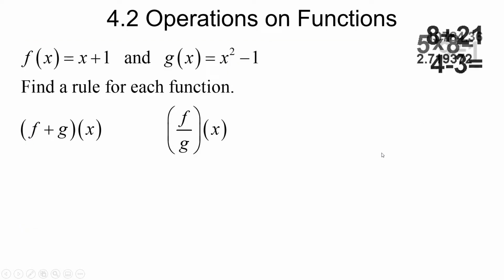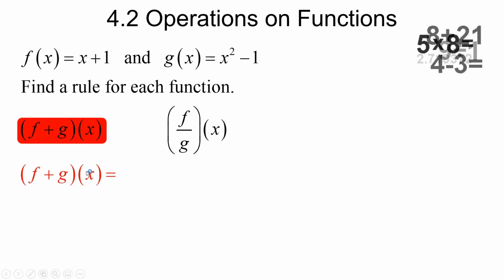Okay. So I'm going to give you a linear function and a quadratic function, and we're going to find a rule for each function, and then also if there are domain restrictions, we had better talk about them. So let's start with f plus g of x. Again, all I'm doing is adding these two functions together, and I'm going to put the sum in descending order.